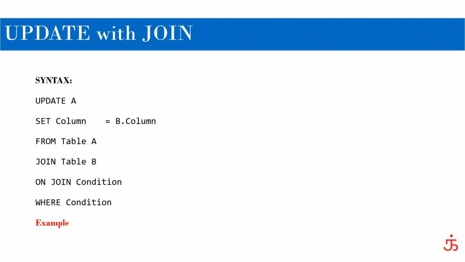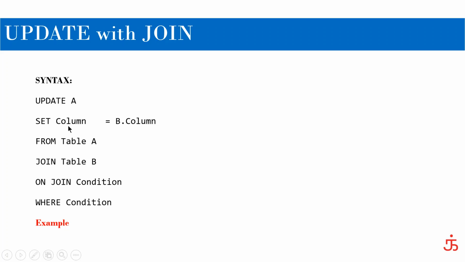We also specify the list of columns that we are going to update. It could be one column or multiple columns. And we have to specify the source table. This could be the same table or another table.